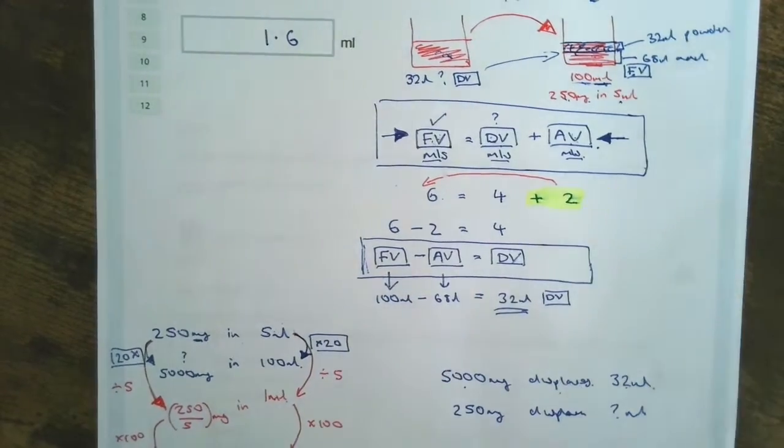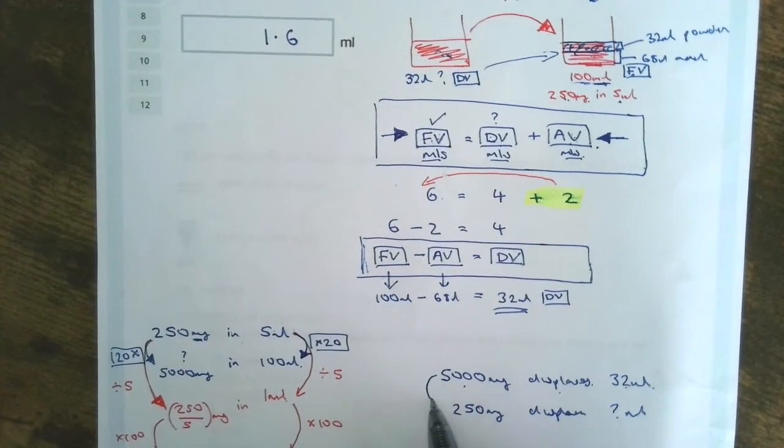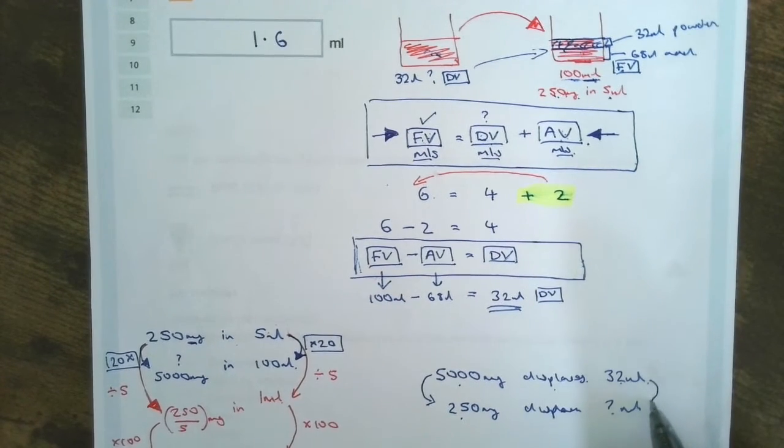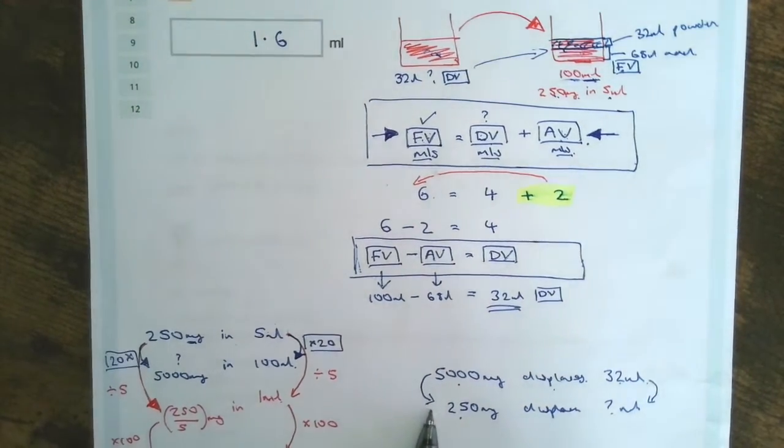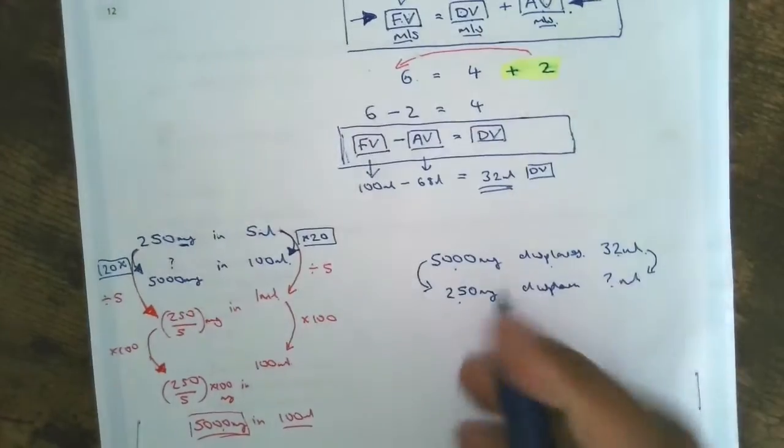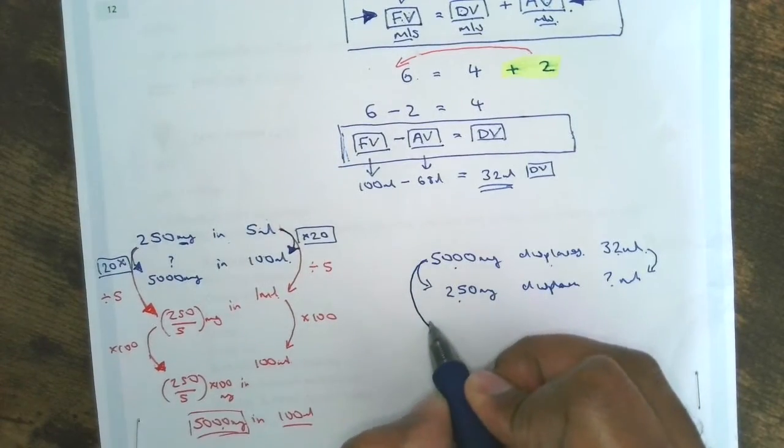So again, somebody could say to you, well, how do you go from 5,000 to 250? Whatever factor that is that you divide 5,000 by to get that, you have to divide 32 by the same amount. Now it's difficult to see that factor. So again, what I always advise is go down to 1 milligram first.